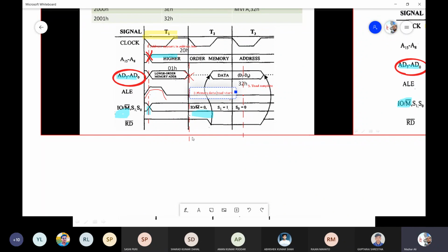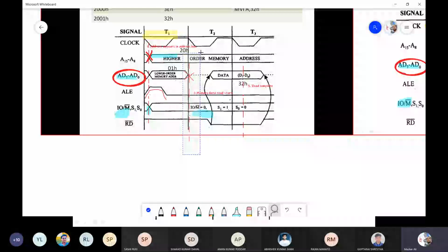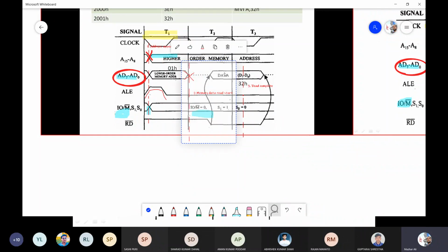I will change this read operation over here, and drag this like this.